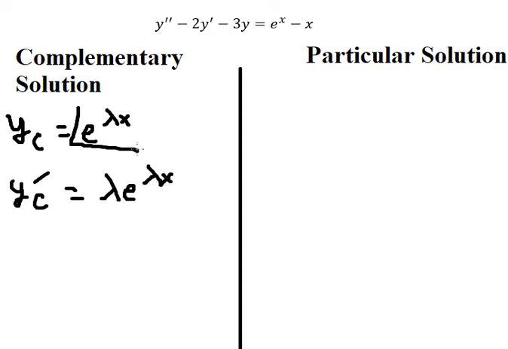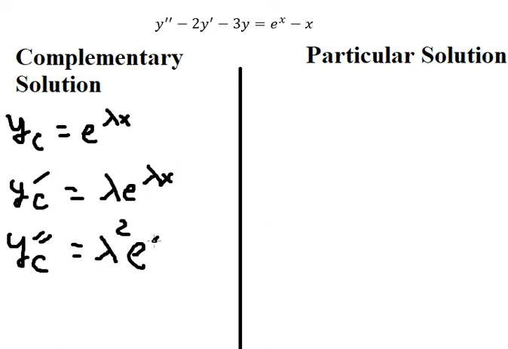We keep the same e to the power of lambda s, and the derivative of lambda s gives lambda. And now we go to the second derivative of yc, and we have lambda square e to the power of lambda s.